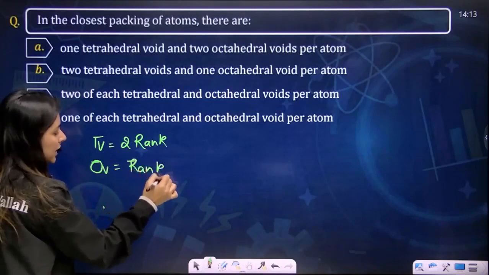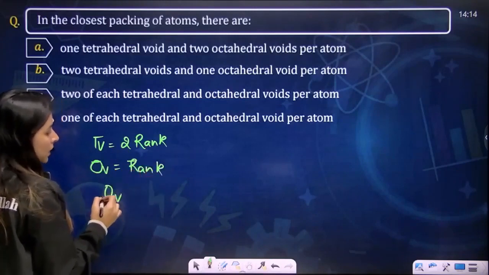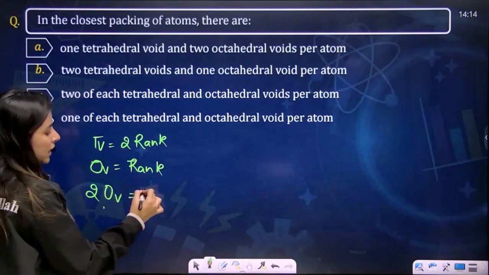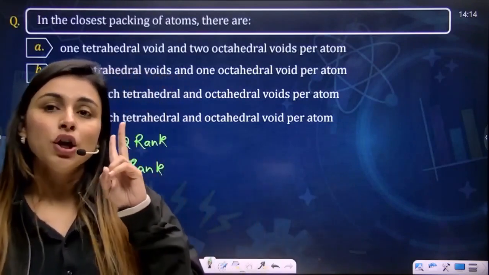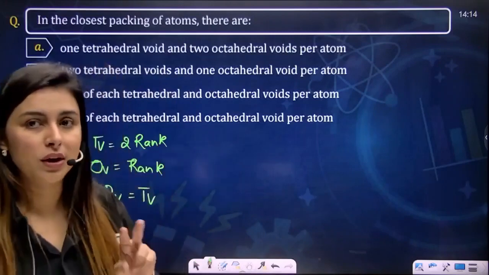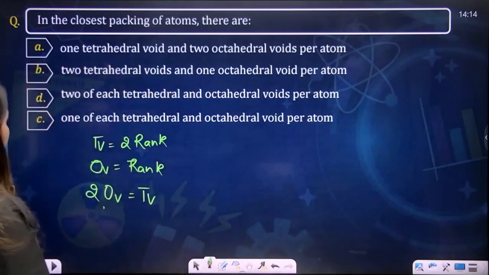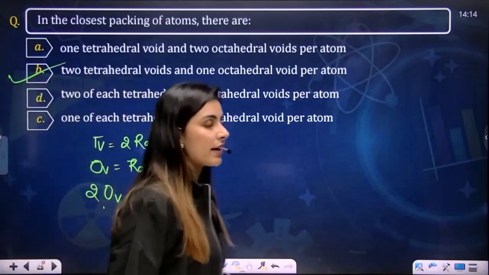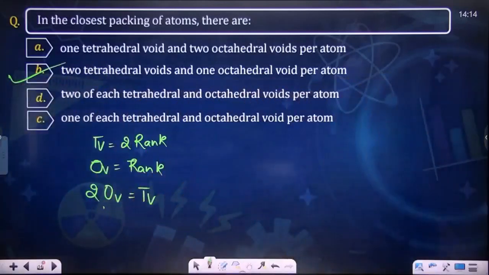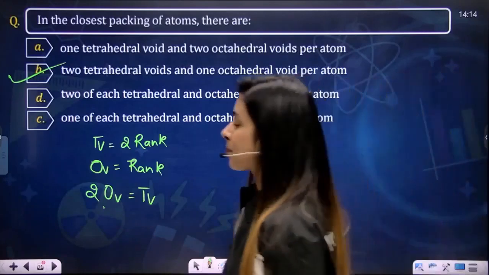So can I say that 2 times of octahedral voids are your tetrahedral voids, right? Yes, for every octahedral void, you will have 2 tetrahedral voids. Okay, so for every 2 tetrahedral voids and 1 octahedral void per atom, option B will be your correct answer. I hope you are clear with this, right? Perfect, my dear students. Please write it down and then we'll move forward.